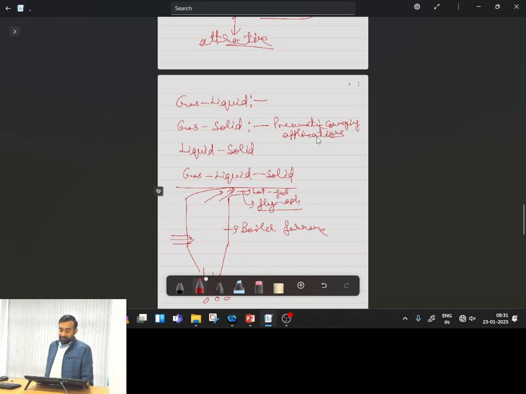Okay, then a third application could be nowadays when we are having this large scale storage of food grains. There also this type of pneumatic conveying arrangements are used.